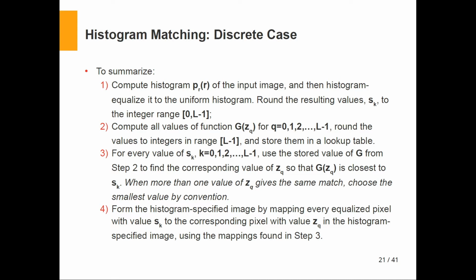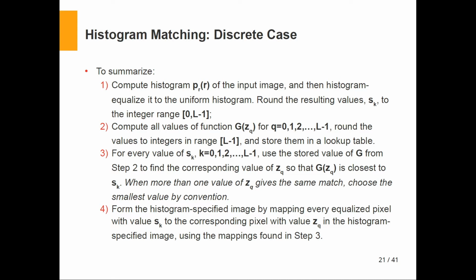When more than one value of zq gives the same match, so basically when we have multiple correspondence, by convention we use the smallest value between all the matches.